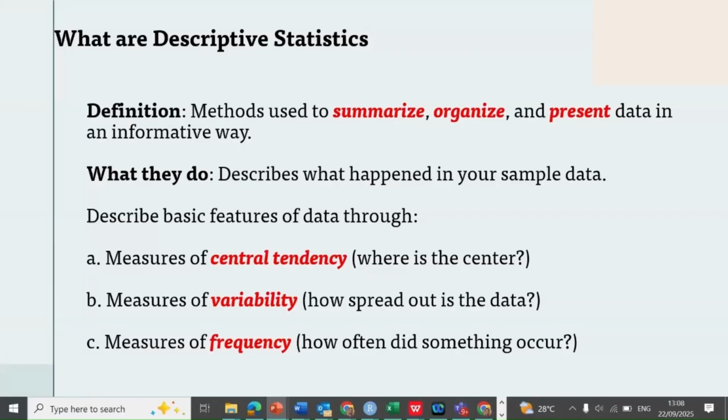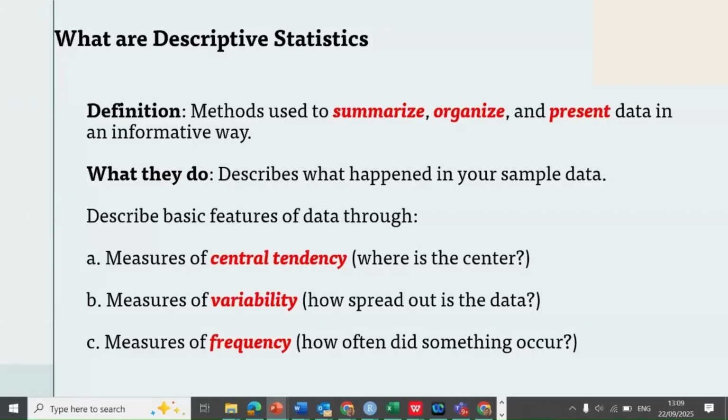And what do descriptive statistics do? They describe what happened in your sample data. And by describing this, we mean describing some basic features of your data, including measuring the central tendency of your data, which means where is the center of this data.